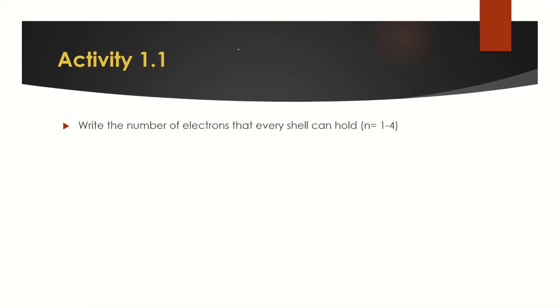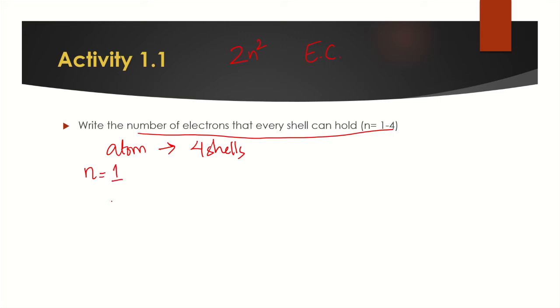To understand the rule 2n square followed to write electronic configuration, let us try to complete this activity together. Let us imagine that we have an atom which contains 4 shells. If n is equal to 1, now we have already discussed what is meant by n.